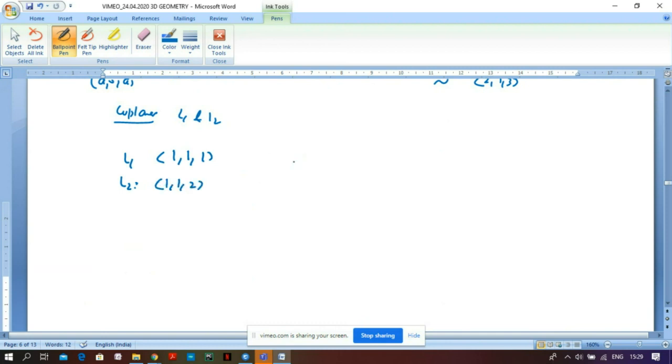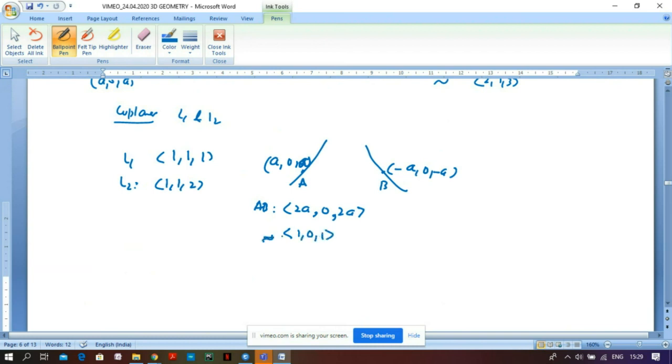And then the points on them: one point was (a, 0, a), and on the other line the point was (-a, 0, -a). So take the direction ratio of these two points, call them point A and B. The AB direction, you can subtract in any order, is 2a, 0 and 2a.